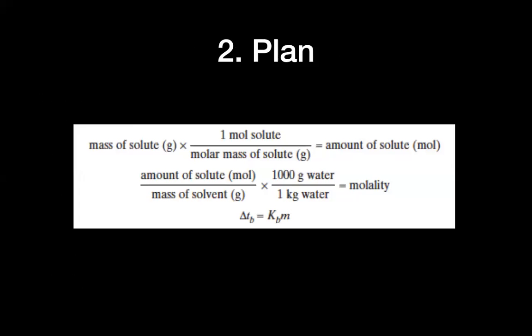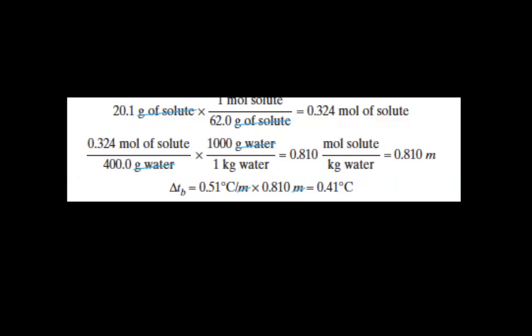So the plan is changing the mass of the solute to moles, calculating the molality, and then again using the same equation. Pretty nice how the equation is the same, right? The only difference is your KB is going to be different than your KF. So 20.1 grams of solute changes to 0.324 moles of solute.